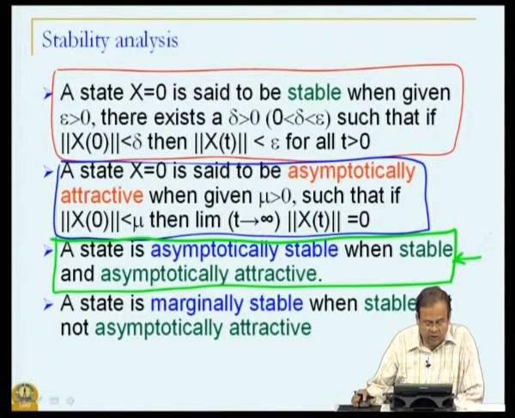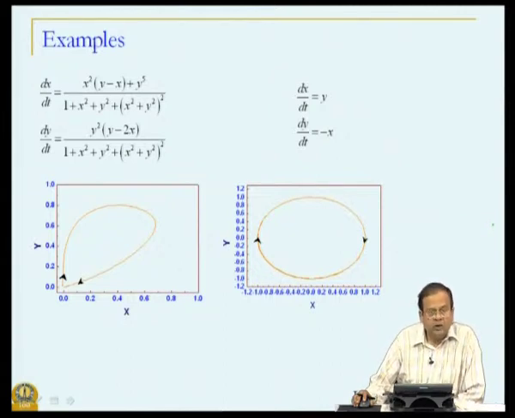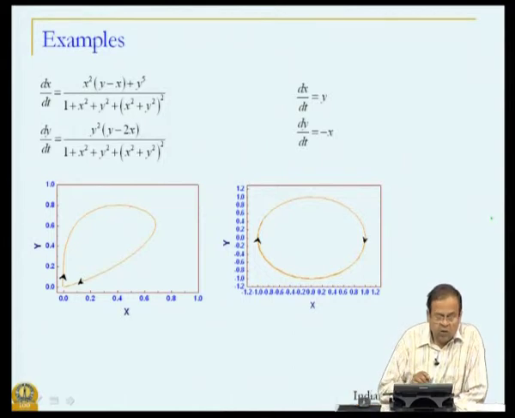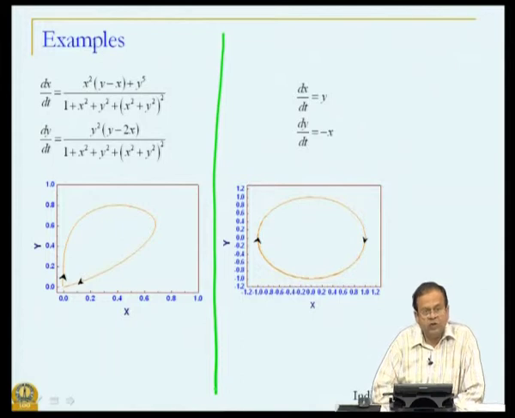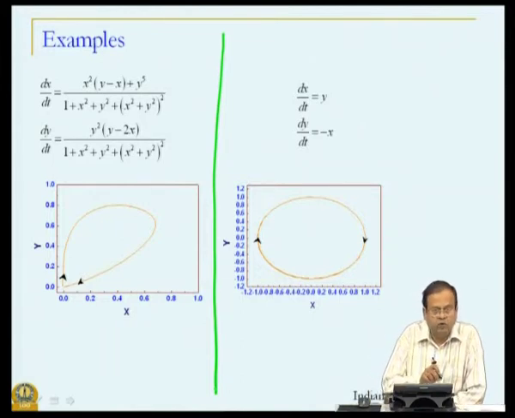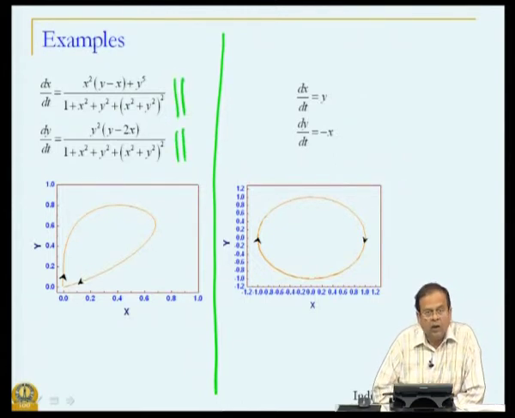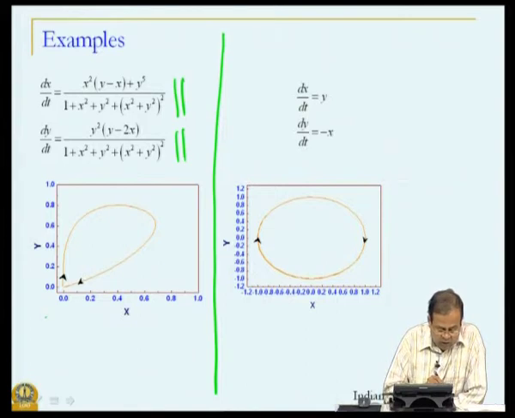The next set of examples will convince you that that is not necessarily the case. So, what we are seeing here is an example whose dynamics is given by this x and y.